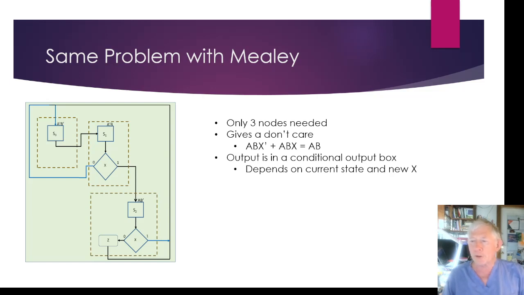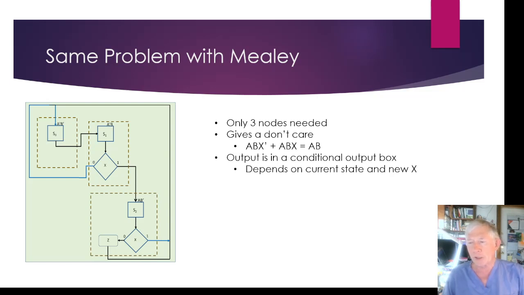Now that we're in S2, if we get a 0, then that would be 0, 1, 0, or 1, 1, 0. Either one would be a target. So this is our conditional output box.